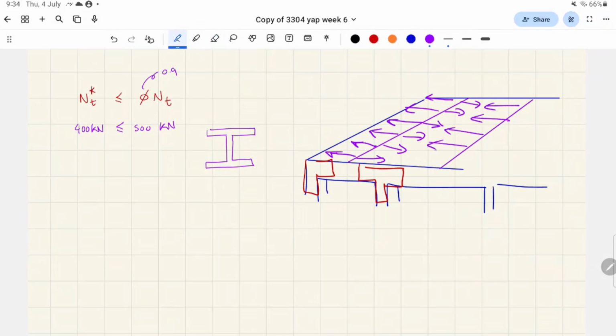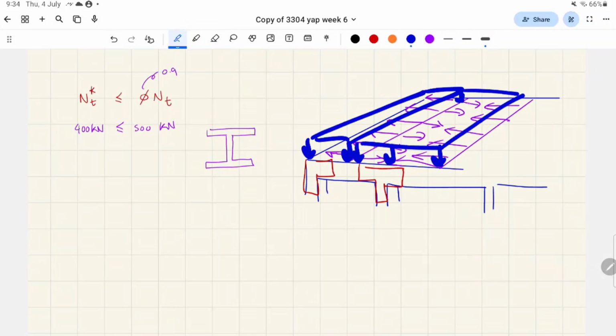So the L-beam will take this much tributary area in terms of the loads it's going to absorb, and a T-beam is effectively going to take twice as much because it takes it from both sides, whereas the L-beam only takes loads from one side.